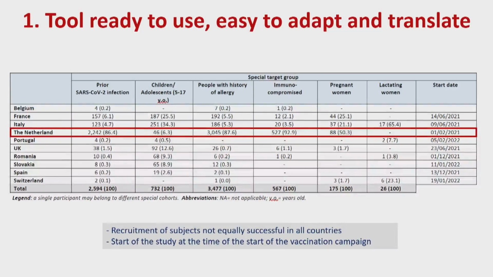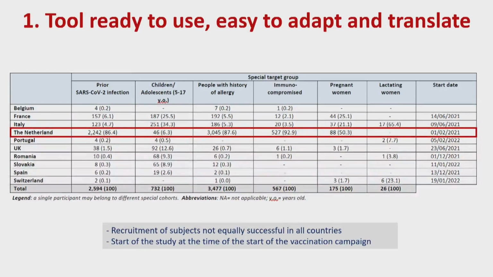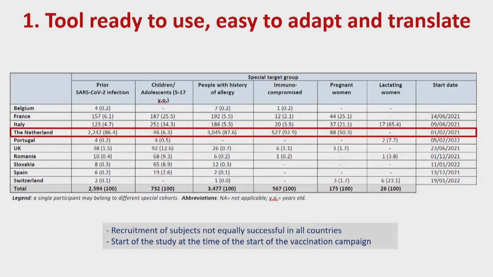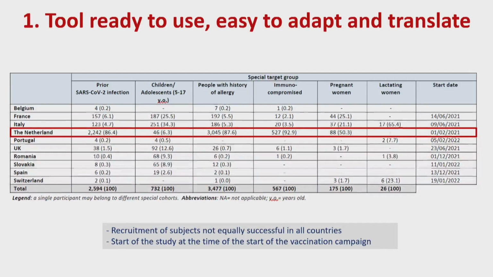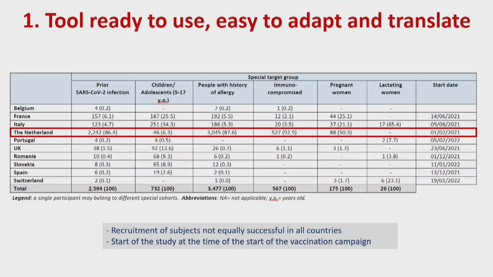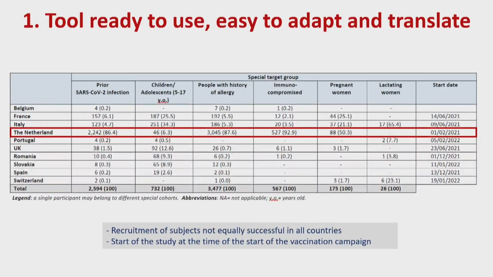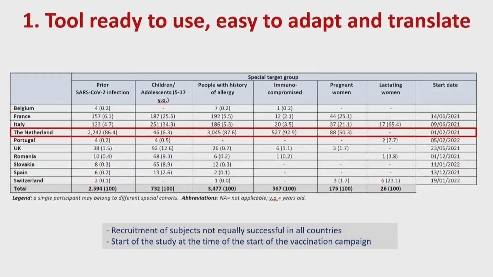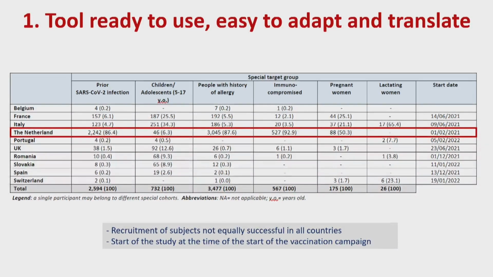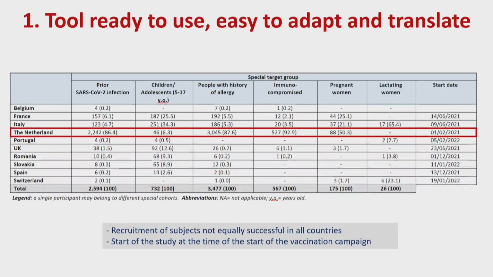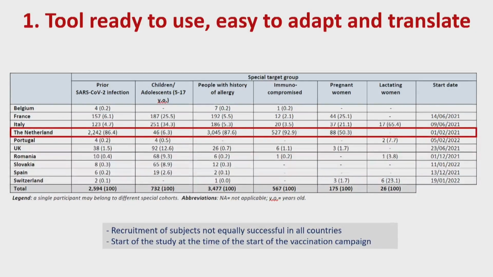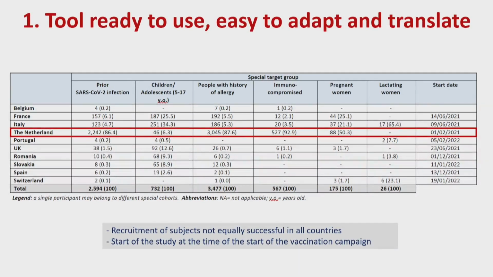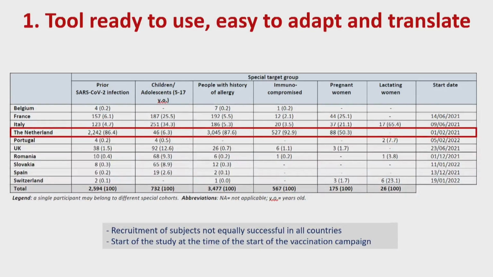And if you have a look also at the pregnant and lactating women cohorts, the recruitment did not go well. Maybe due to the fact that we did not have enough countries participating in this cohort, but also this is related to the fact that the recruitment started too late due to ethical committee procedures.